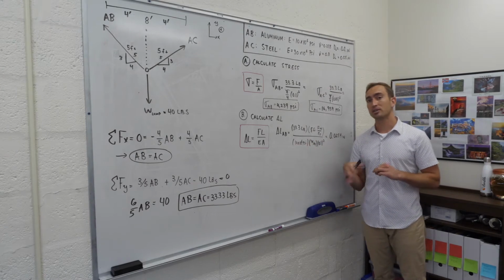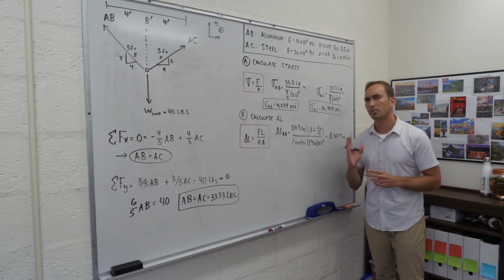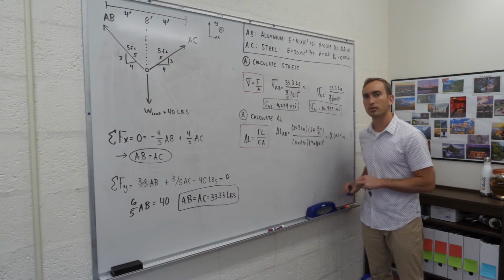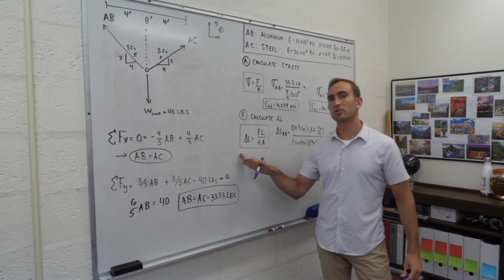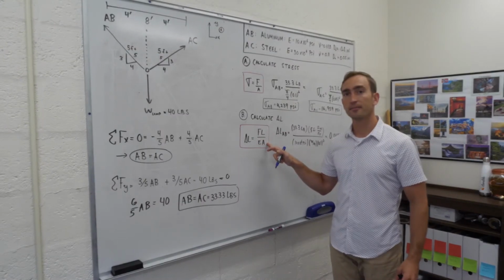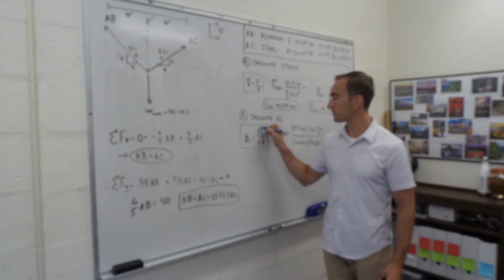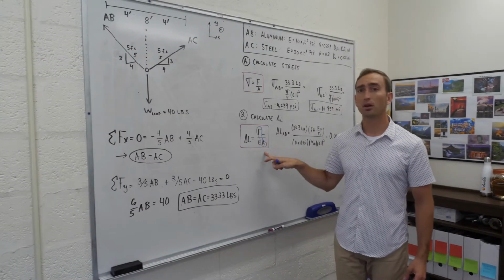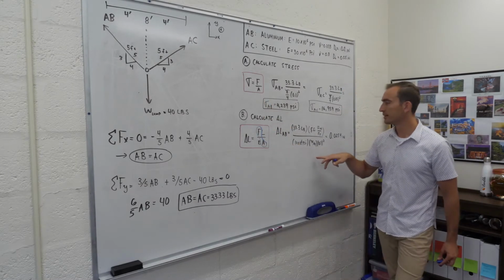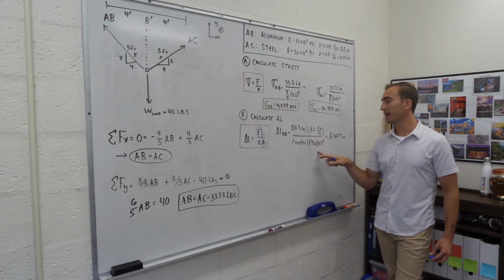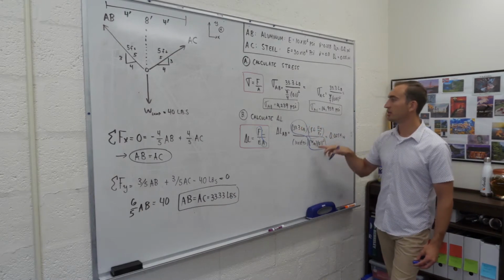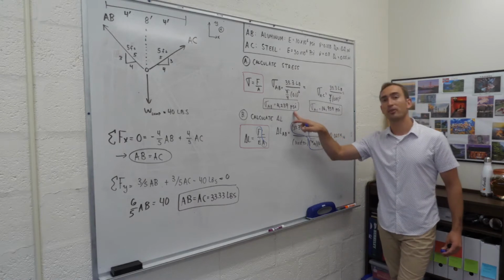Now we can repeat the process for cable AC. But before we do, I want to point one thing out to you that's a little interesting or could help you solve these problems faster in the future. If you look at the change in length equation, you've got FL over EA. F over A, we already know, is stress. And if you look, that's what we just calculated in part A. So rather than plugging in 33.3 pounds over the area like we just did right here, what you could do is you could actually just plug in the stress that you had in the first part.